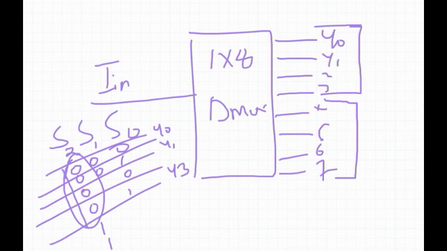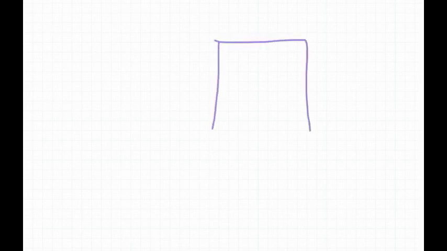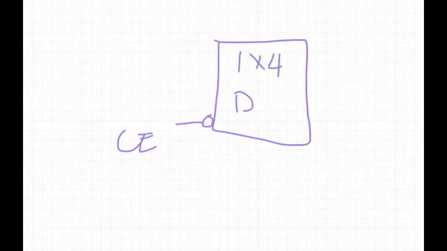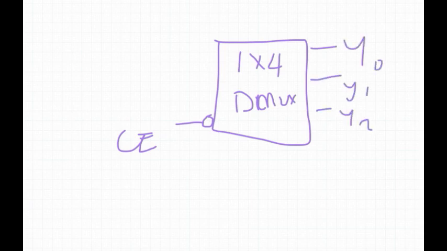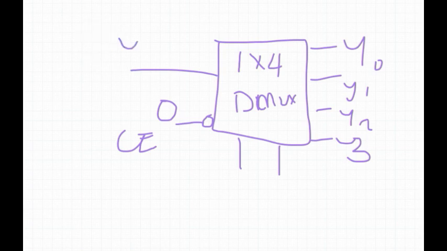So what we know is that if this is my chip enable pin CE and this is a 1 to 4 demux, my Y0, Y1, Y2 and Y3 are going to be displayed correctly when the chip enable pin is 0, because the chip is going to be active, and therefore this becomes our I in.